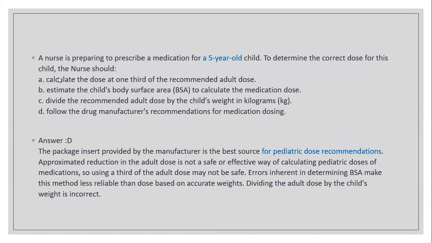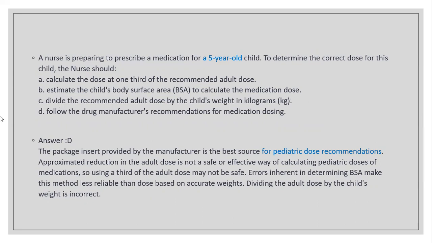Next question. A nurse is preparing to prescribe a medication for a 5-year-old child. To determine the correct dose for this child, the nurse should: A, calculate the dose at 1/3 of the recommended adult dose. B, estimate the child's body surface area to calculate the medication dose.